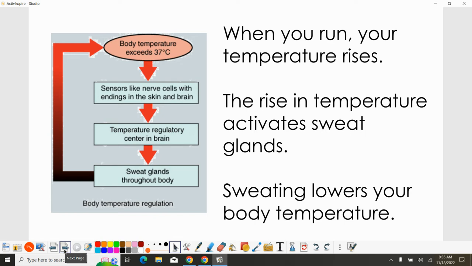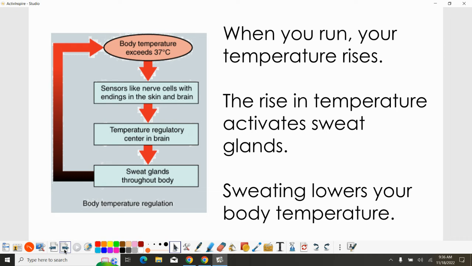Again, we'll think about body temperature to help understand that. We need to maintain an internal body temperature around 98.6 degrees. When we're active, when we're exercising like running, we use major muscle groups. Those muscles will be burning sugars through respiration to produce energy for our cells, and that is a very exothermic process.